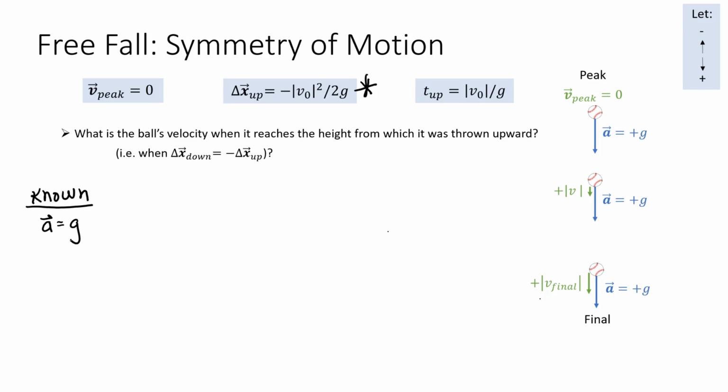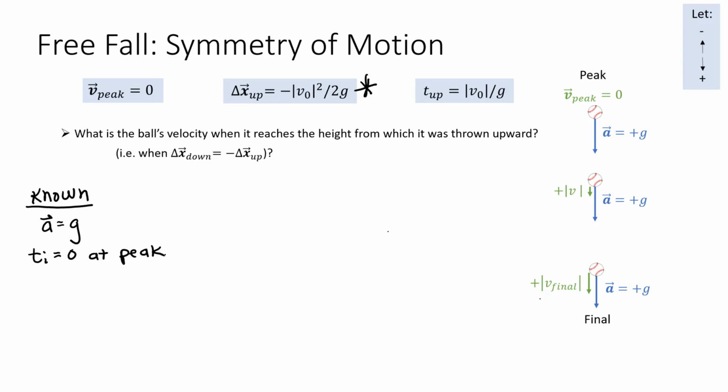Next thing is to make note of what am I defining to be my initial time t equals 0. So for this problem, I'm going to reset my time frame. So I want to make my initial time the time that the ball is at the peak. So when is the ball up at that peak location? So I'm going to go ahead and say t initial, which is equal to 0, is at the peak.